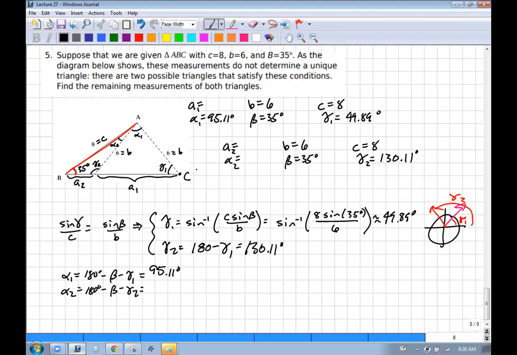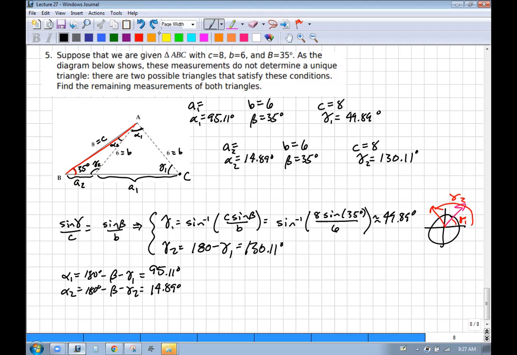And now for alpha 2, 180 minus 35 minus 130.11 is 14.89 degrees. See how alpha 2 here is small, right? But alpha 1 is bigger, that's 95 degrees.